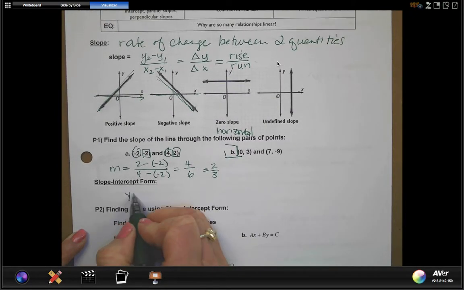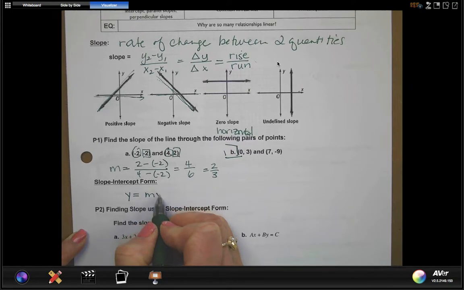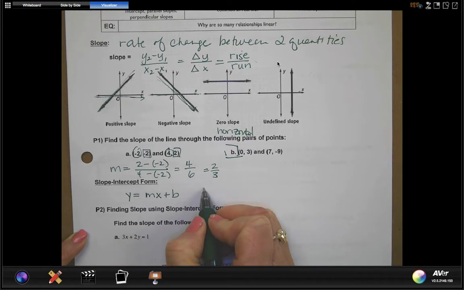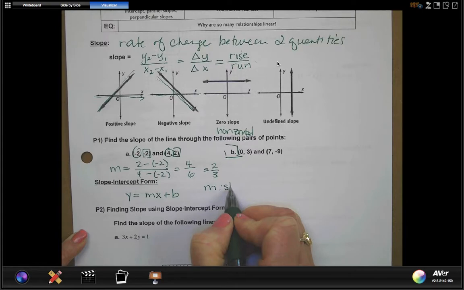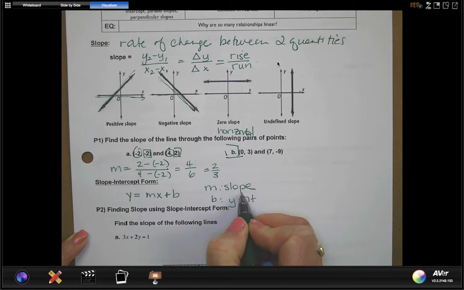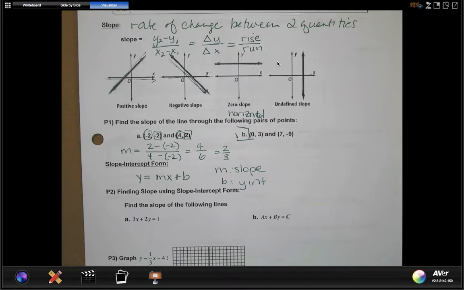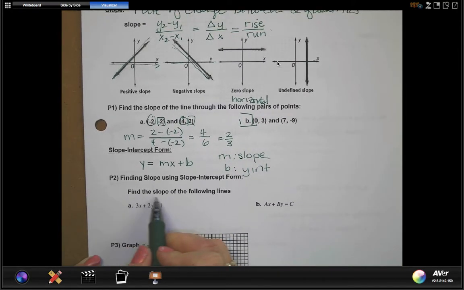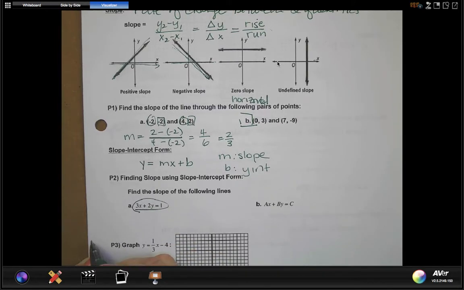Slope-intercept form is y equals mx plus b, where m is the slope and b is the y-intercept. So when you're asked to find the slope of the following lines, if it's not in y equals mx plus b, rearrange it.